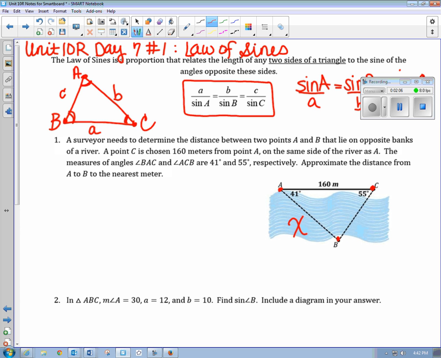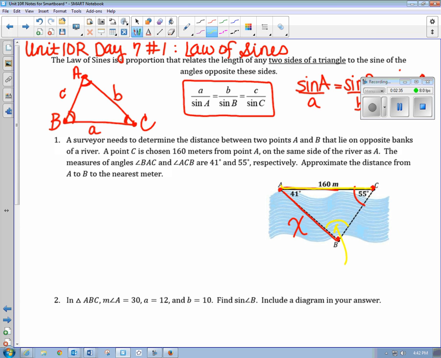In order to use the law of sines to find, and here's its job, to find a missing angle measure or side length, you have to, in your picture, have a side across from an angle and be using both of those twice. Now, when you look at this, you may say, well, this can't be law of sines then, because this 160 that's here has an angle across from it, but we don't know that angle.